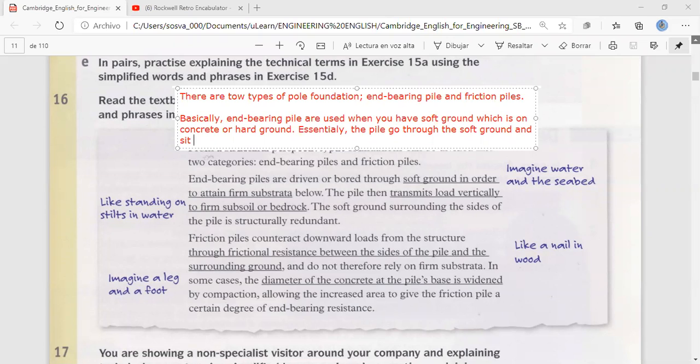What is firm? Firm is something that is hard. So it sits into hard ground, exactly. Hard ground. It goes through the soft ground into this hard ground. Great. Then it says the soft ground surrounding the sides of the pile is structurally redundant.